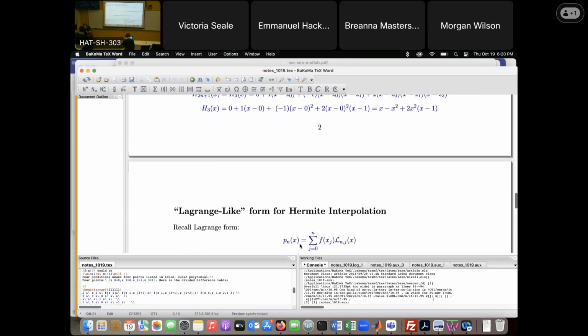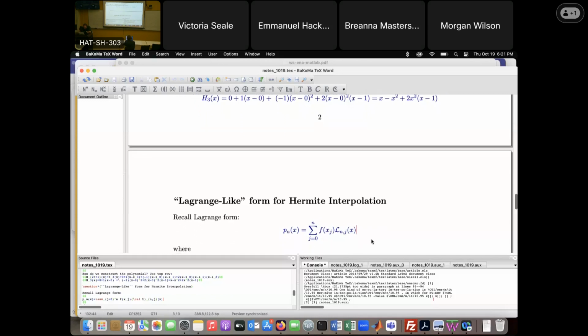Pn of x is equal to a summation of the y values, or your f of x values, times the corresponding Lagrange polynomials. This Lagrange polynomial will be equal to 1 at xj and equal to 0 at the other xi. So we're going to have a form like this for the Hermite case, but it has to take into account the derivative values.